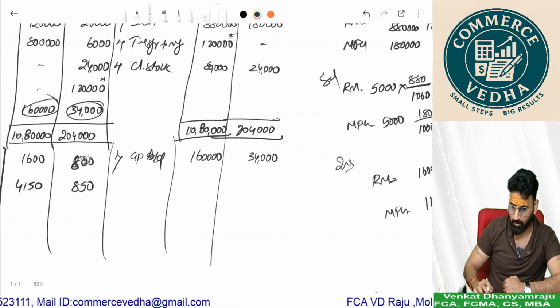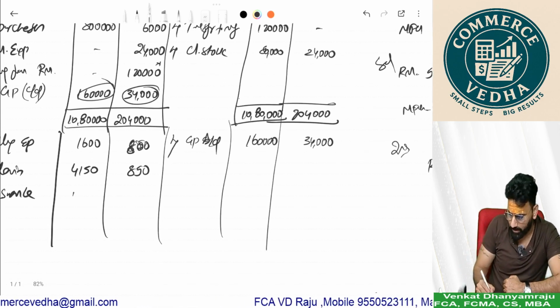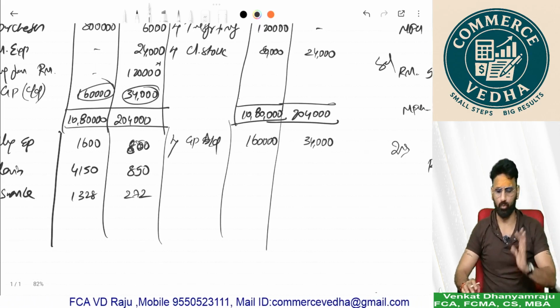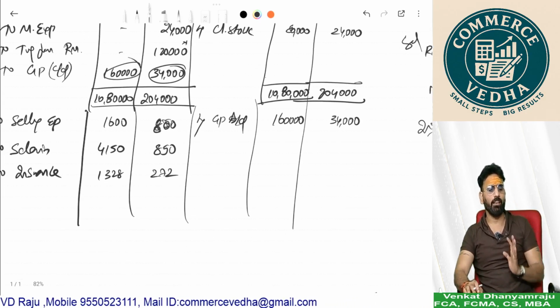So insurance premium we should take as 1328 and 272. With this we took all the expenditure.